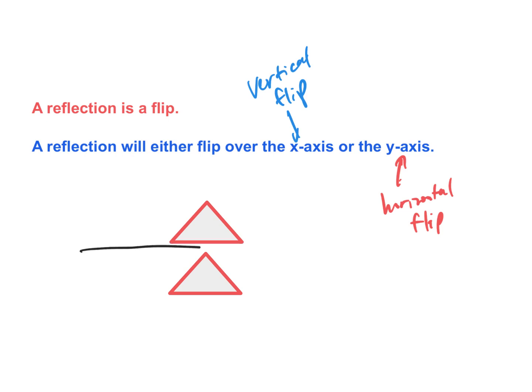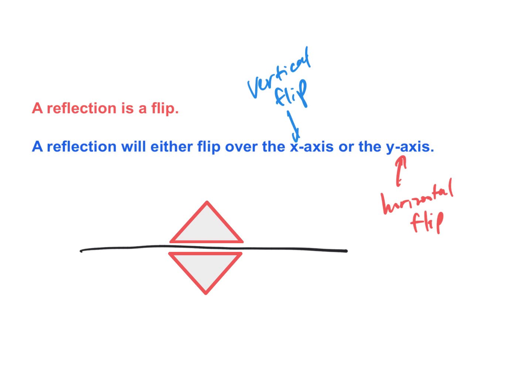Here's the x-axis, right? So when I flip it over the x-axis, it's going to look like that, right? So it literally flips over the x-axis. Because this is the x-axis, this changed vertically, right?